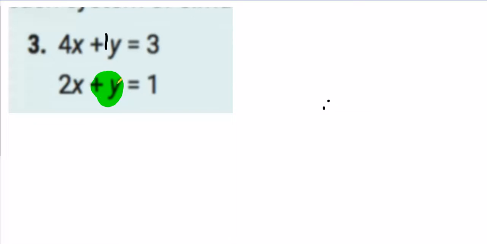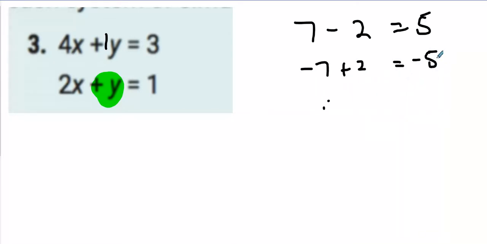I would love it if this green part here was a minus 1y. That'd be awesome. What am I allowed to do to both sides? I'm allowed to multiply both sides by minus 1. We said it earlier. Remember 7 minus 2 is 5? And remember we multiplied across by minus 1 and the balance is maintained?